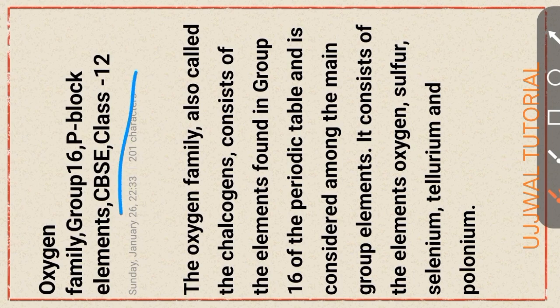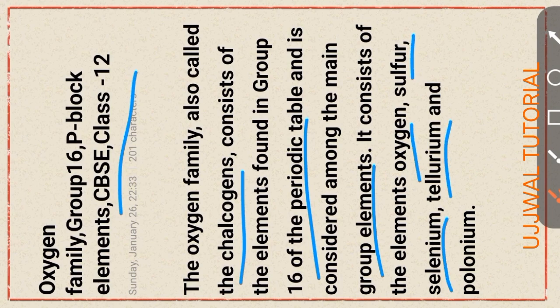The oxygen family, also called the chalcogens, consists of the elements found in group 16 of the periodic table and is considered among the main group elements. It consists of oxygen, sulfur, selenium, tellurium, and polonium.